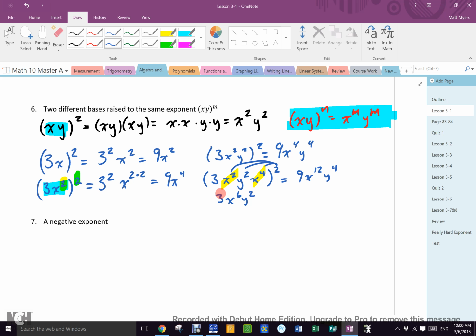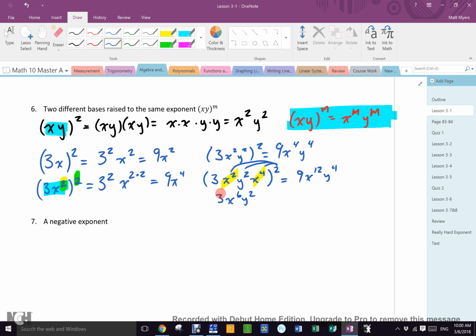So that tells us what we just did. 2 squared is 4, 2 to the 1 is 2, 2 to the 0 is 1, 2 to the -1 is 1/2, 2 to the -2 is 1/4. What does this tell us?